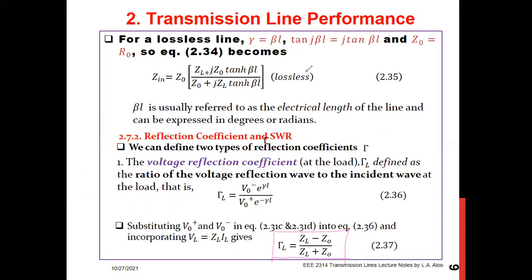But remember, where you have VL, which is the voltage drop across the load, remember to replace it with ZL times IL. That's from Ohm's law. The voltage drop across the load VL will be given by ZL times IL.